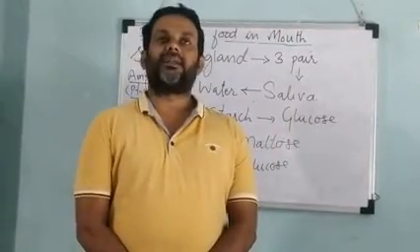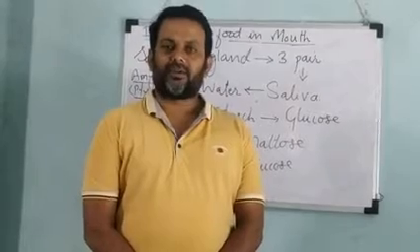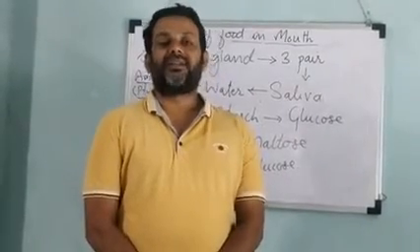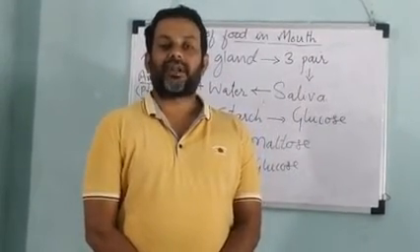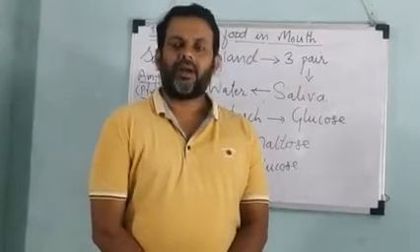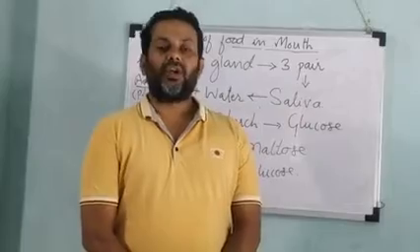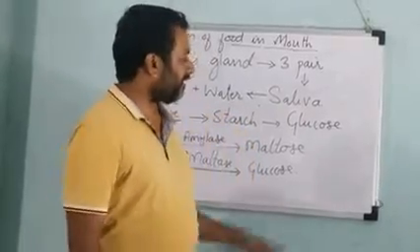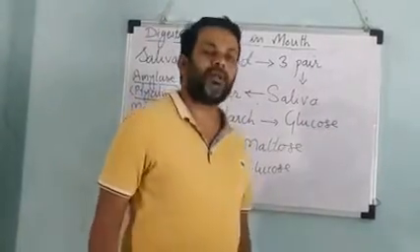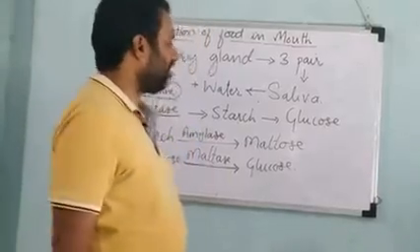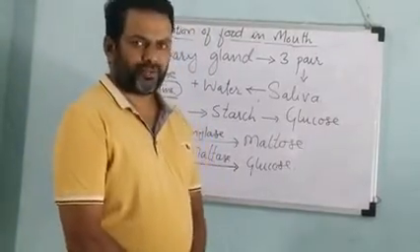Similarly, there is an enzyme called lactase which will act on lactose. Then there is another enzyme called fructase which will act on fructose, and sucrase will act on sucrose. So remember, whenever there is OSE at the end of the name of a substance, it is a kind of sugar.